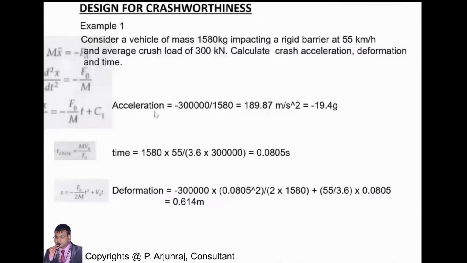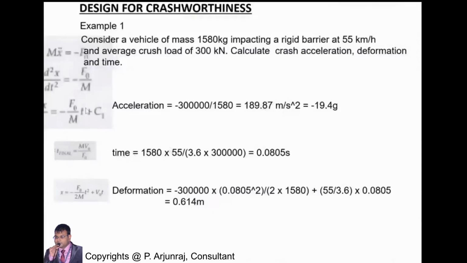Acceleration is in meter per second square, and again you need to convert this into g value. What is a g value? Divided by 9.81. When you divide by 9.81, you get 90.4 g. So this is the acceleration g level. Or in meter per second square, you can call this 189.8 centimeter per second square.